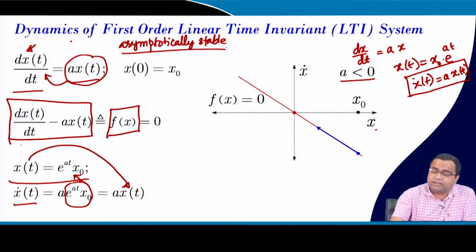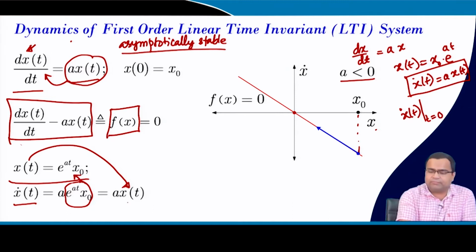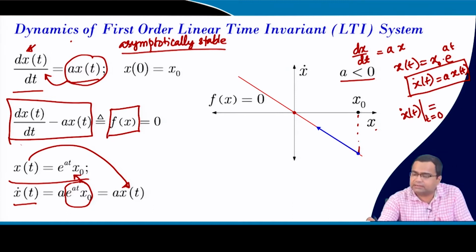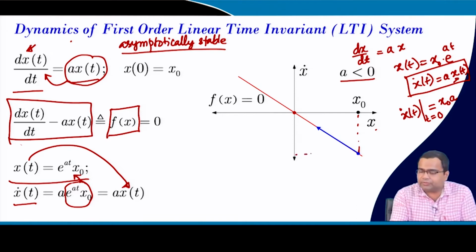Now, the starting point on this x axis is x0. Then if you obtain x dot t at t equal to 0, you will find it is nothing but A into x0.